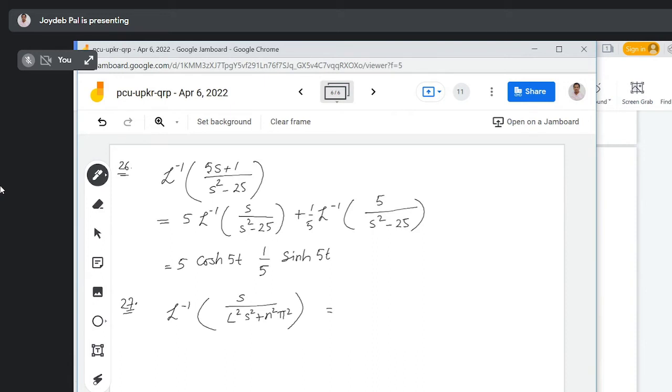So I take L square common. So L inverse of s divided by, if I take overall L square common, it will be a square plus n square pi square divided by L square, right? So I can take this outside the Laplace inverse, then it is in that form.